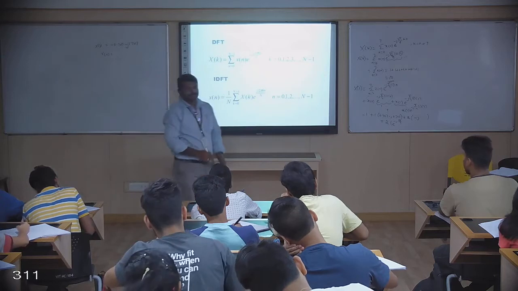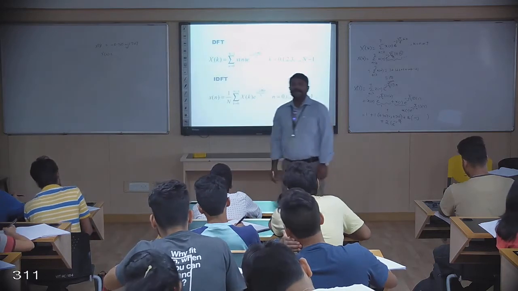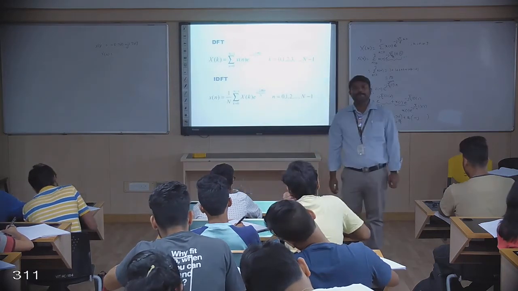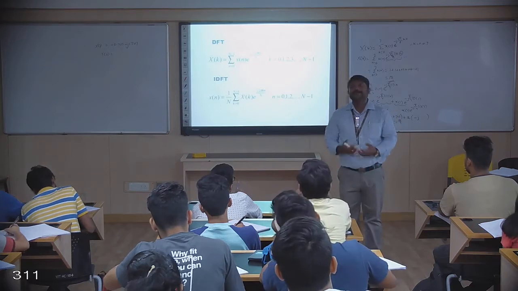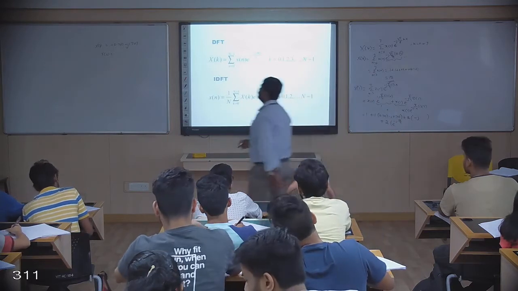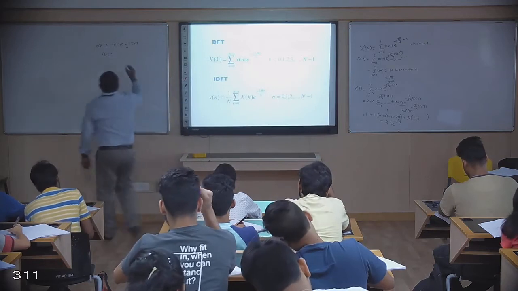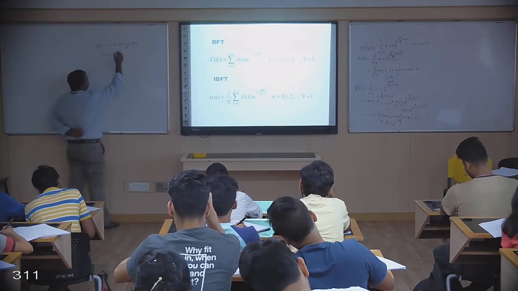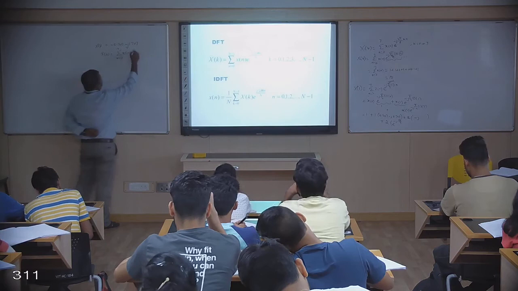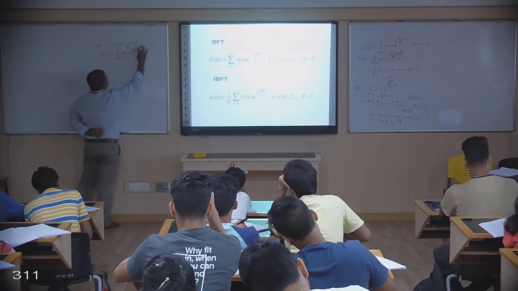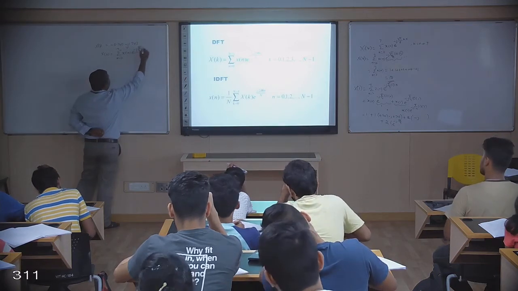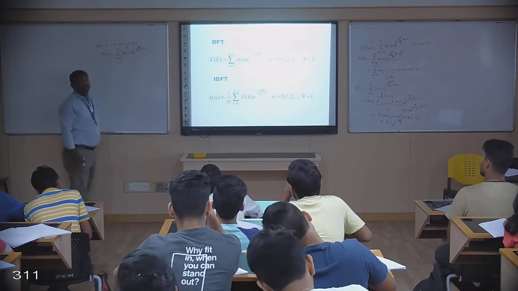X of 2. So like that you have to find up to x of 7. So x of 2, I'll just write the formula. Two n.